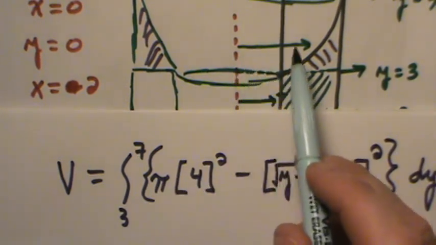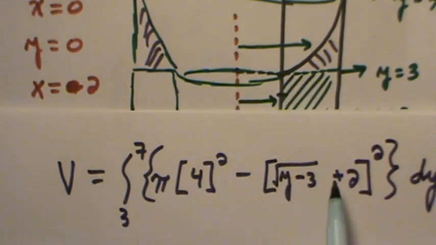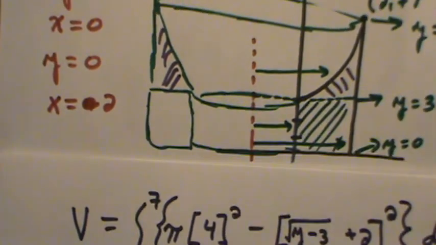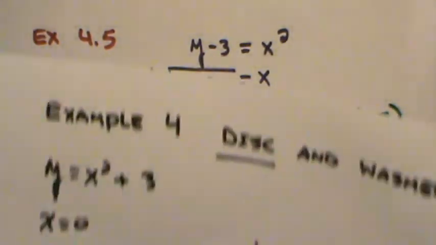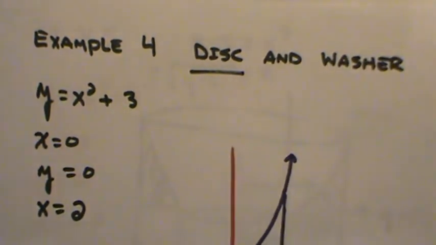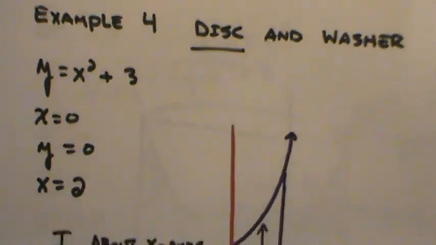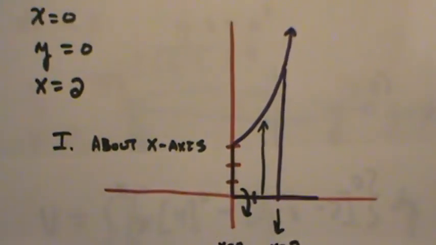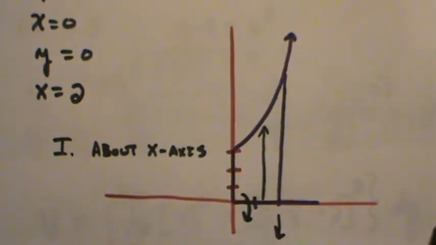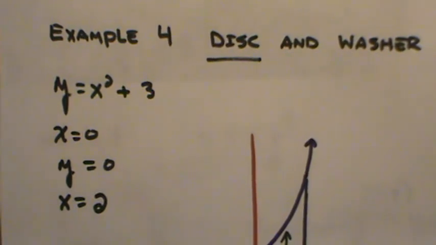And then it was the curve minus the negative 2. That's why it said plus 2 there. And so that's our example 4 for the disc and washer method. Sometimes you can not have a void, as we did on the first part of that, if you recall. And then that's just the disc method. So disc and washer, example 4.